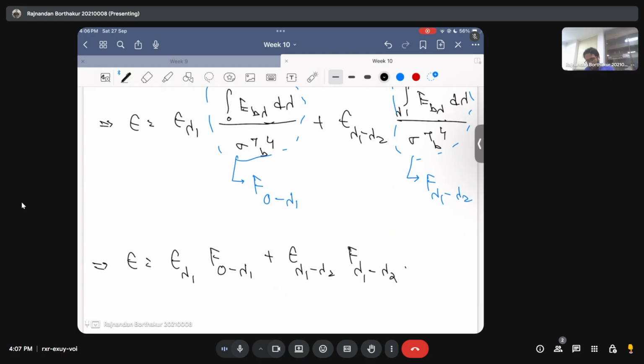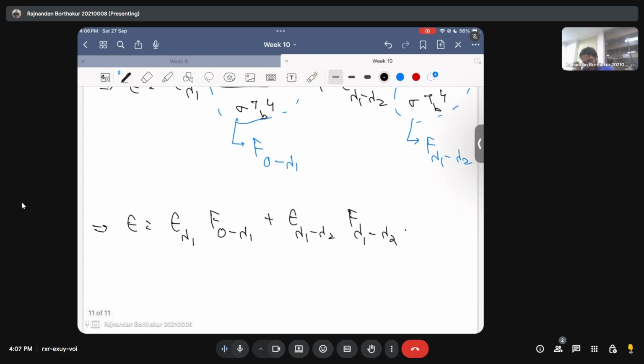But we know that these functions can only be evaluated if I have the range from 0 to some generic lambda i, which means I also need to write f lambda 1 to lambda 2 as f 0 to lambda 2 minus f 0 to lambda 1. This is something we derived when we studied the band emission function just 1 hour ago.